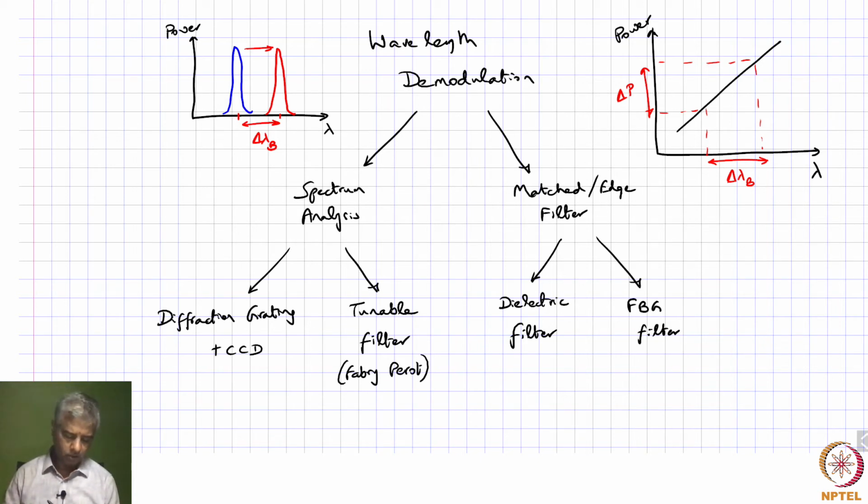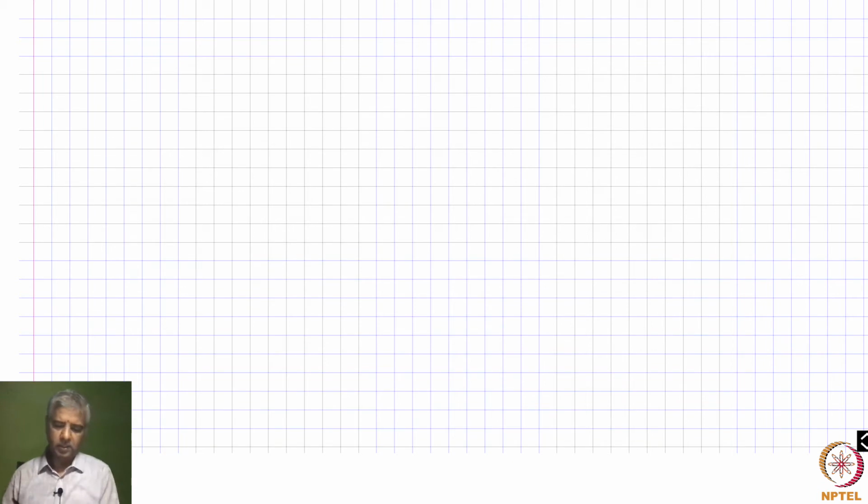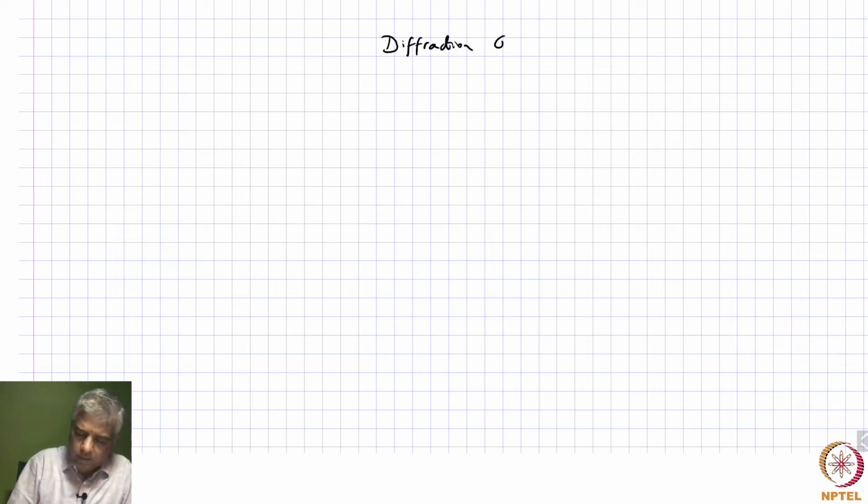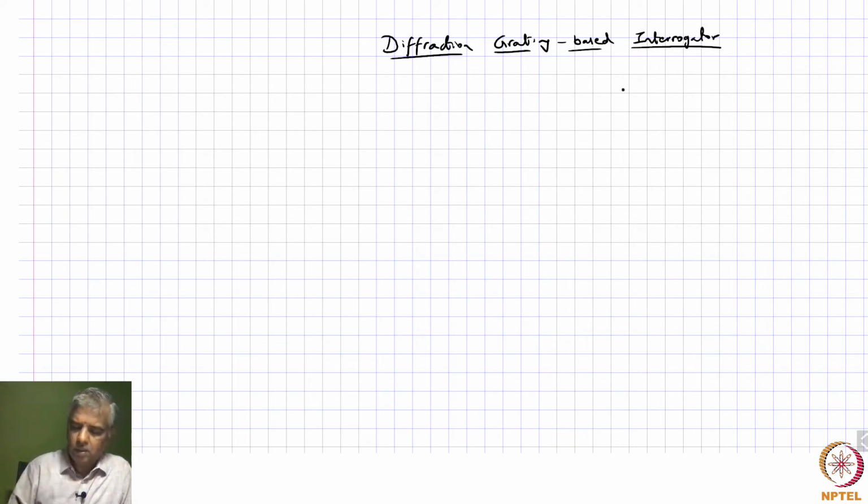So, let us first look at how a diffraction grating would work. Okay. So, when we talk about a diffraction grating based interrogator, what we essentially have as a diffraction grating can be explained through multiple slit interference.